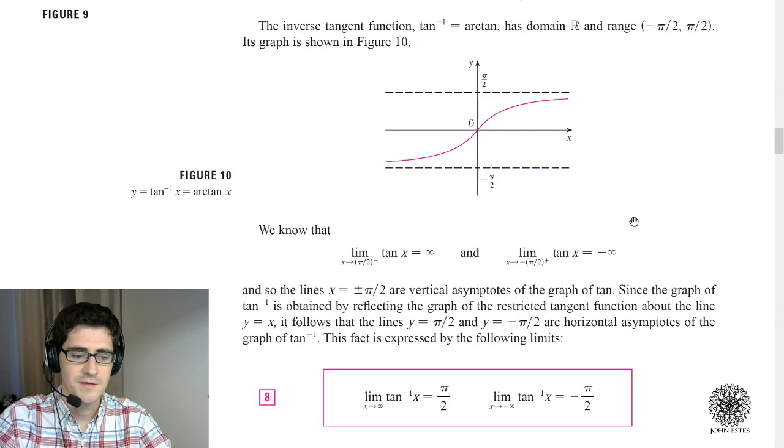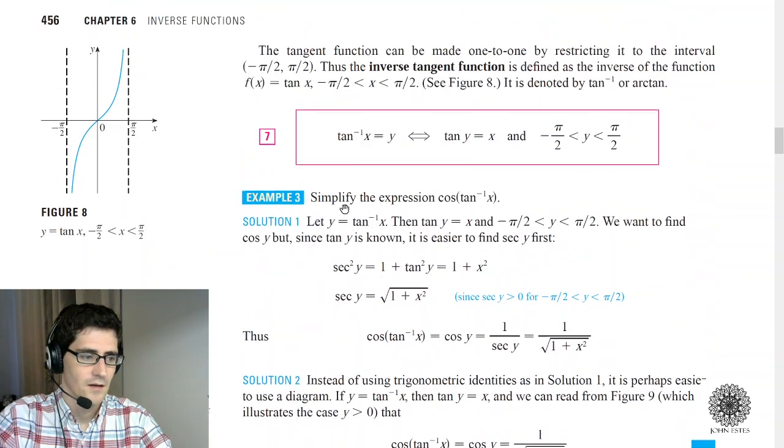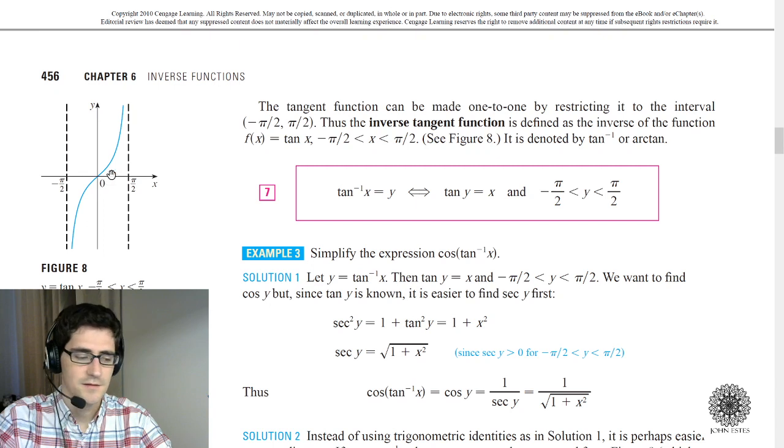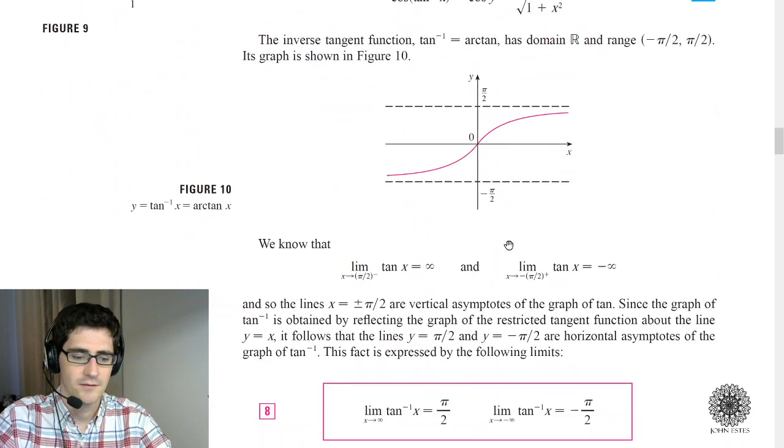Okay, so that's why we say here the limit of tan as I approach the asymptote pi over 2 from the left goes to infinity. All it's saying is, look, if I go towards pi over 2 from the left, I'm going to go up to infinity. And if I go to negative pi over 2 from the right, I go down to negative infinity. That's what we're saying right here.